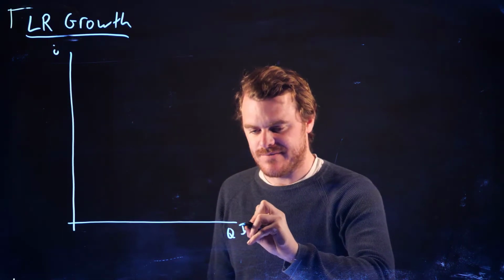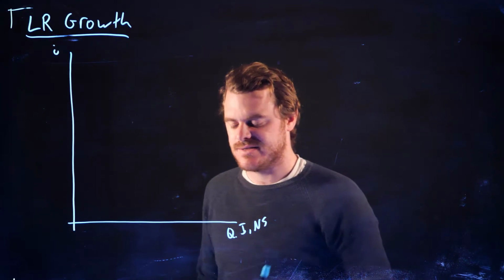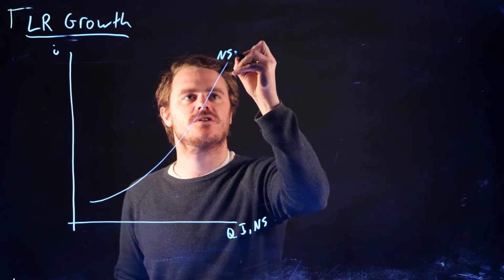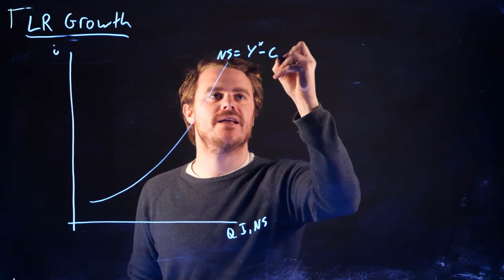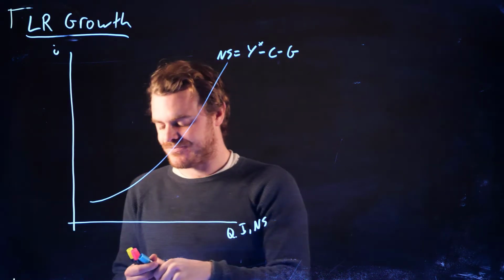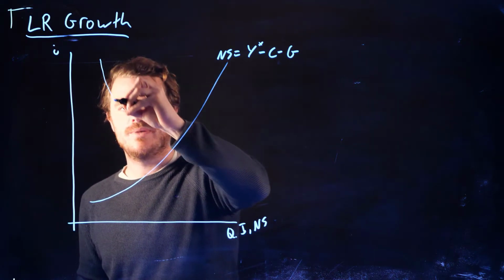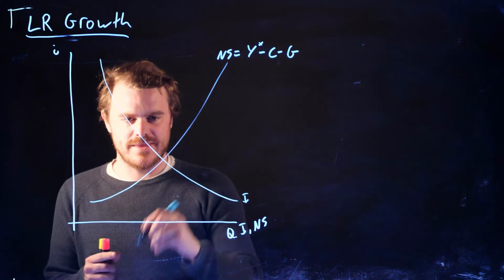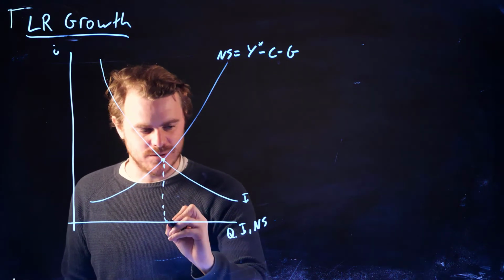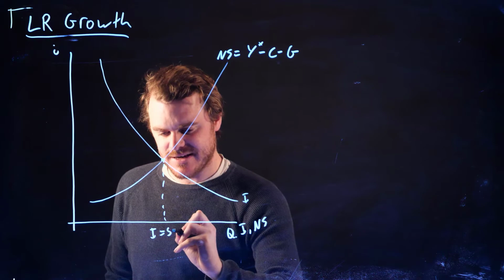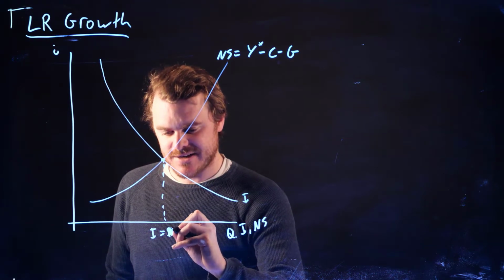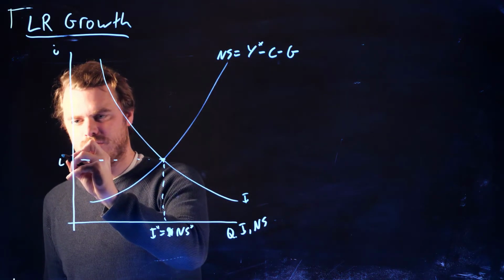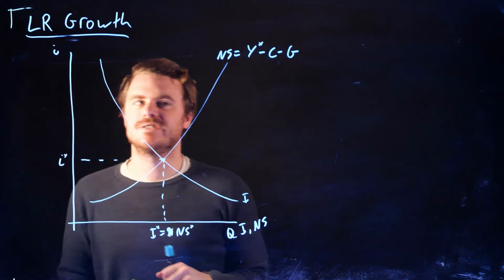This is the quantity of investment and national savings. On this axis, we have this upward sloping national savings curve, Y star minus C minus G, and a downward sloping desired investment, where they meet determines our equilibrium, determined by the interest rate.